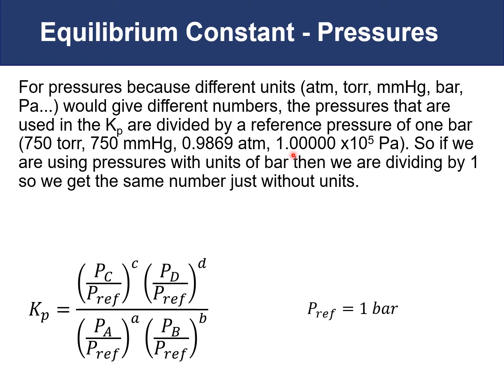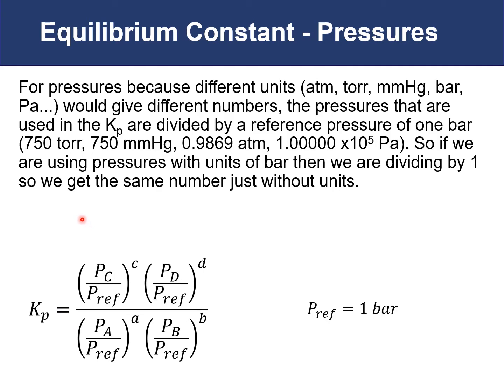So if we take our pressures and divide them by these units, we would end up converting them into bar, and then we can use them in our Kp values to come up with our equilibrium constant.